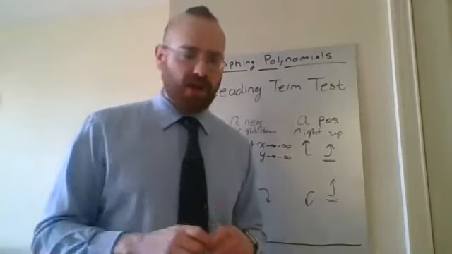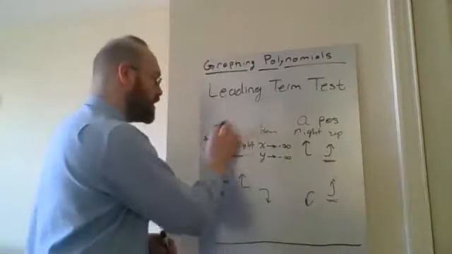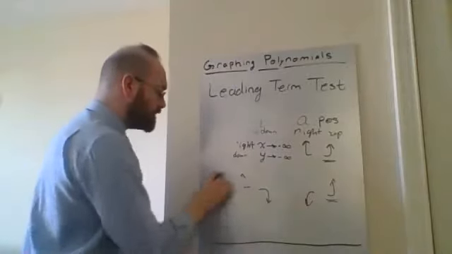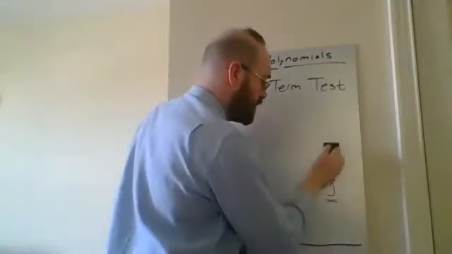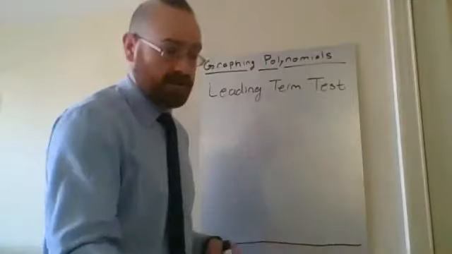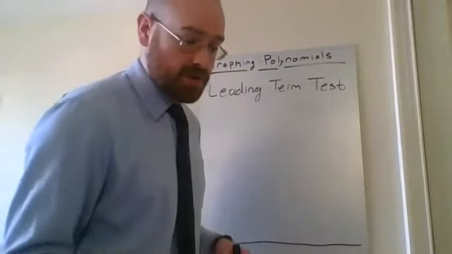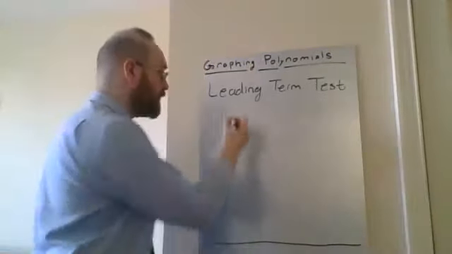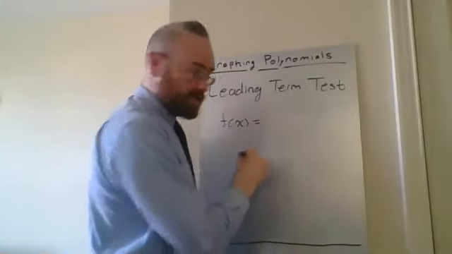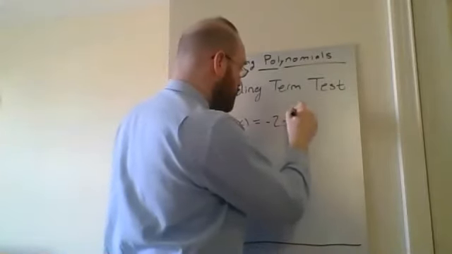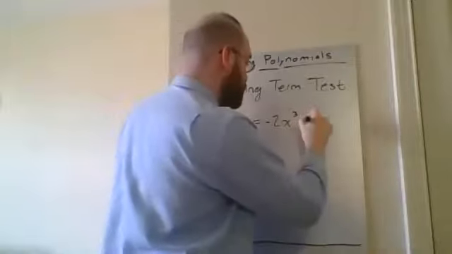Now this video I feel has already become rather long, but before we go, I do want to do a couple examples of actually using our leading term test. So I've got a couple written out over here. So the first one is f of x equals negative 2x to the third minus 2x.